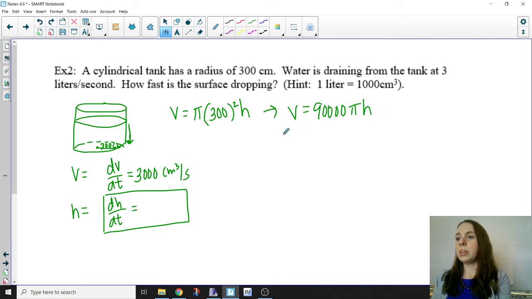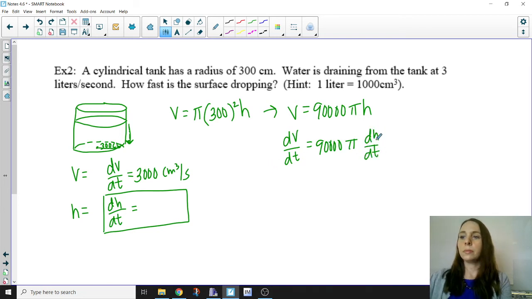And when we differentiate this, the v goes to dv over dt. So we don't really need a v value. And 90,000 pi h, the derivative of that is 90,000 pi dH over dt. So we don't need the h value either because it went to dH over dt.